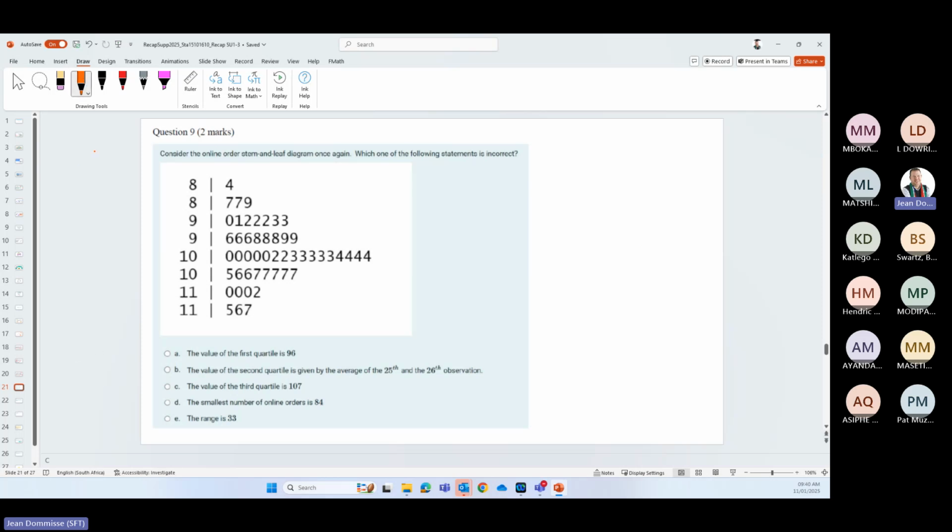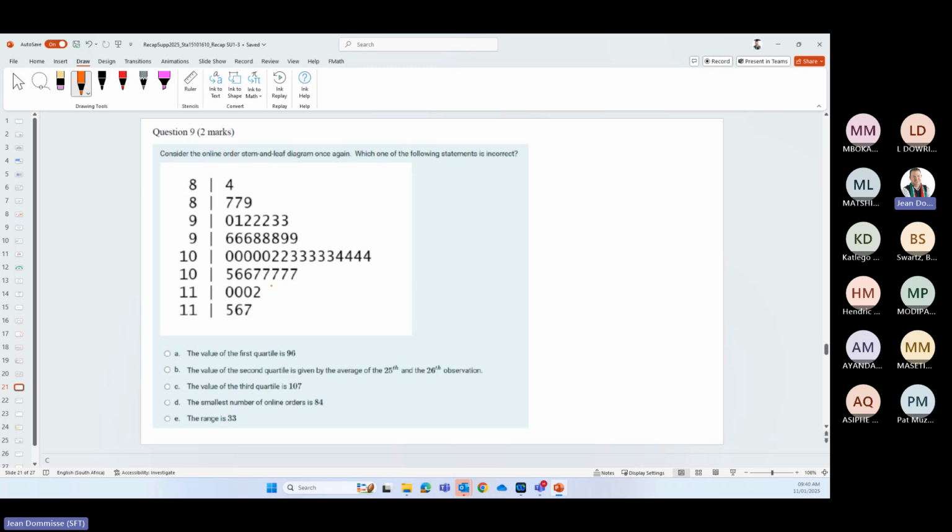Okay, so let's look at this one. And again, they love to do study unit 2 and 3 nearly together. So you get the data visually in a stem and leaf, and then they ask us questions around that.